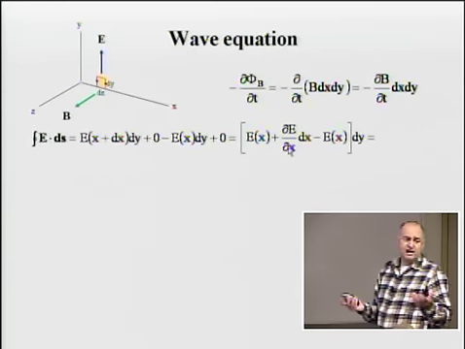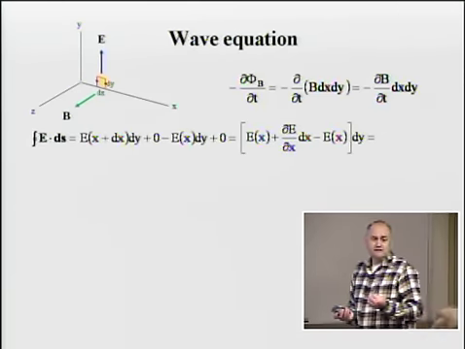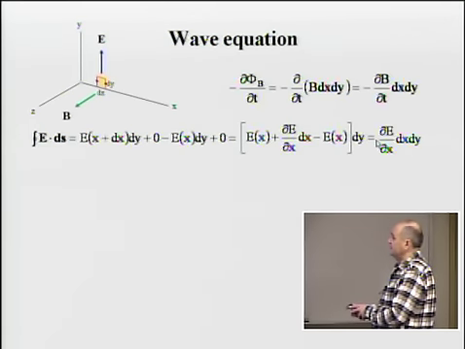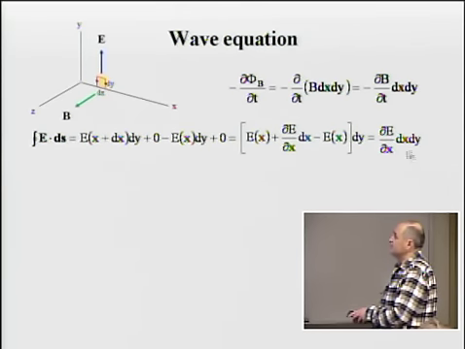And I take just the first two terms of the expansion. Now I see that this term and this term cancel, and I simplify this line integral to such an expression.